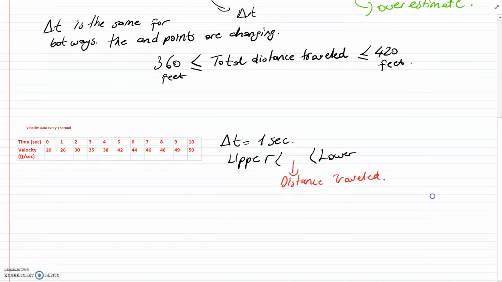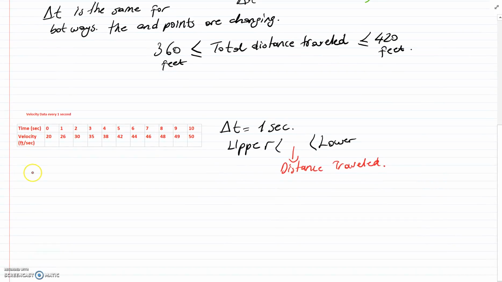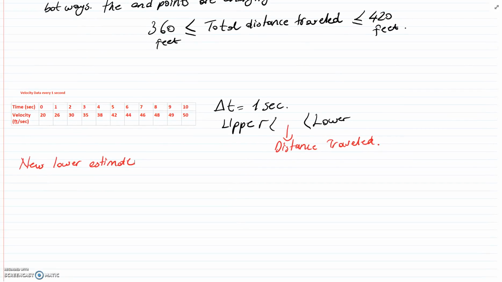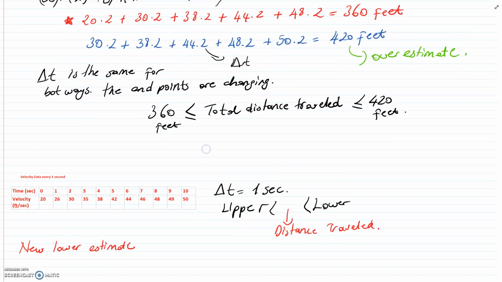Okay. So we're going to have a new lower estimate by looking at this red line, but this time our delta t will be 1.